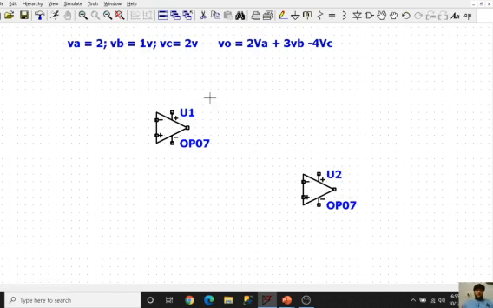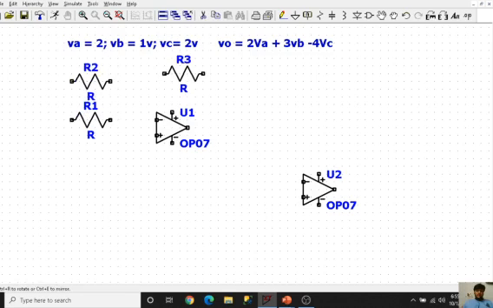So V1 and V2. Now we will be requiring R1 as my first one. This will be my second, and I will be giving feedback. The output will be given to this. This will be my this, and this will be my this.